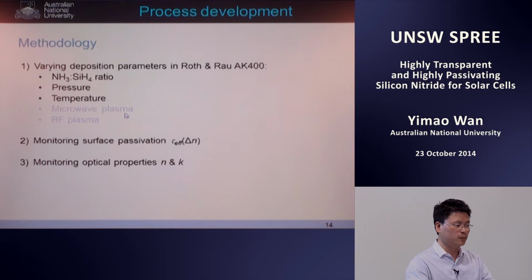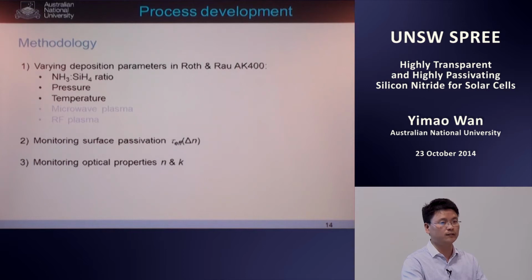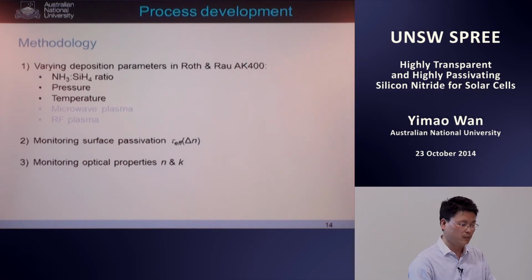There are another two plasma parameters, which I didn't present in this talk, as we found the passivation quality is not that sensitive within our varied range. And then we monitor the passivation quality as well as the optical properties.